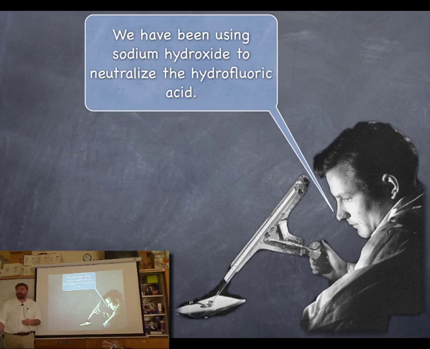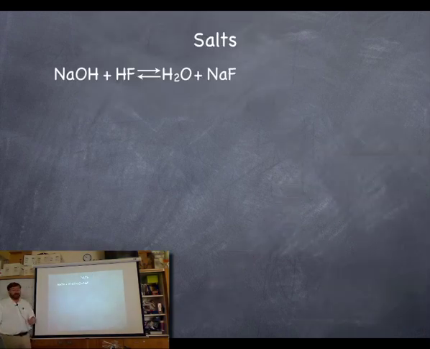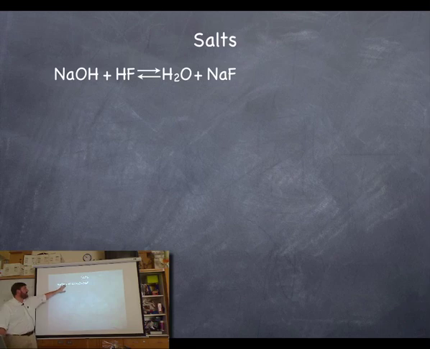We've seen these kinds of neutralization reactions before. We have sodium hydroxide reacting with hydrofluoric acid, and that's going to produce water and sodium fluoride. The key thing that they're having some trouble with, that they're possibly not taking into account, is that the sodium and the fluoride are essentially conjugates of acids and bases.